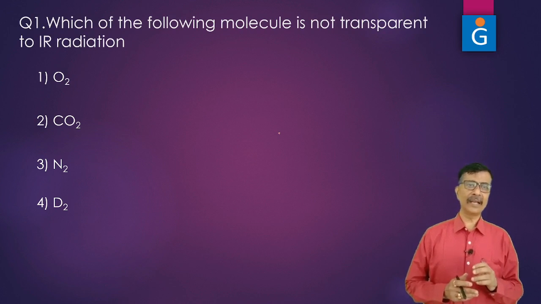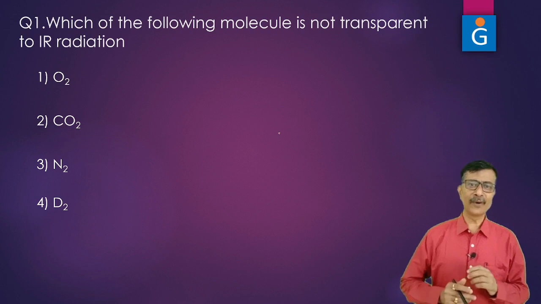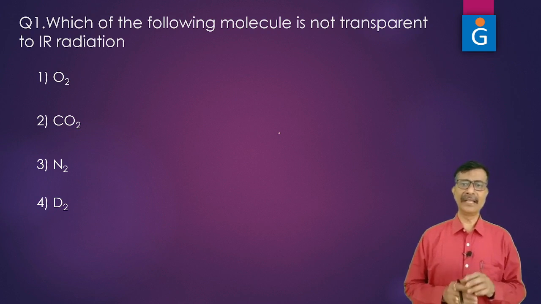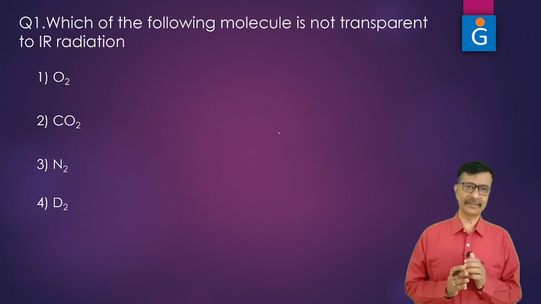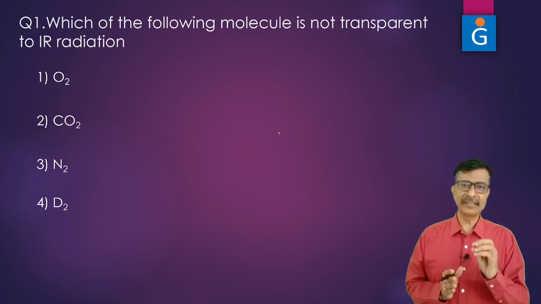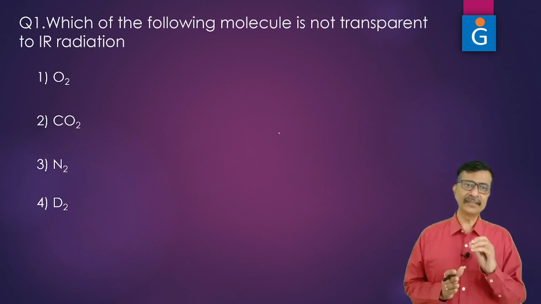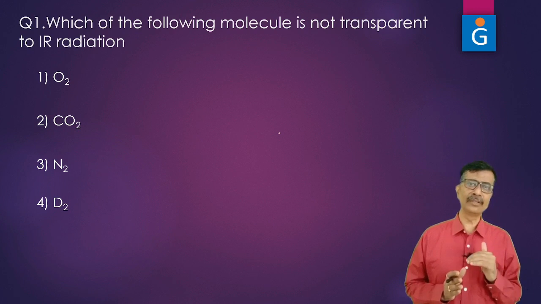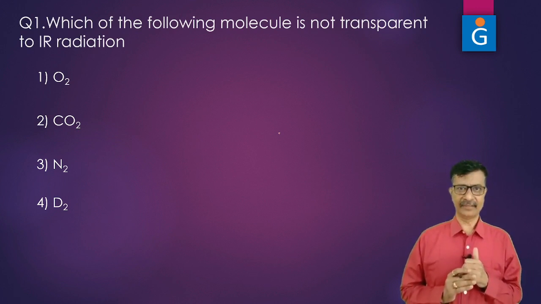Now look at the question: which of the following molecule is not transparent to IR radiation? When the question says not transparent, it means which of the following molecules absorbs the IR radiation.